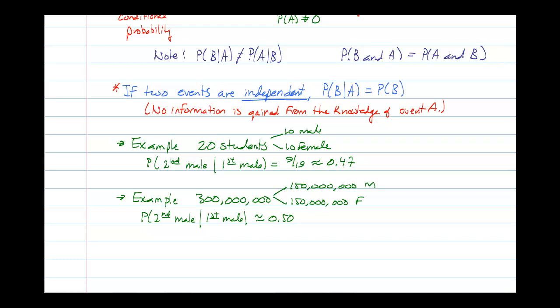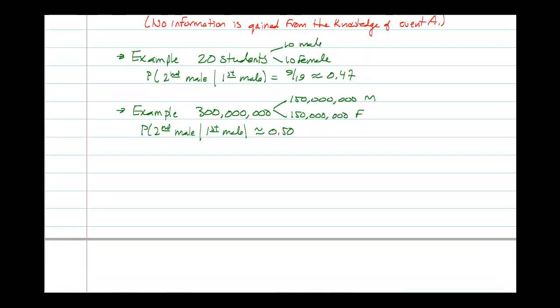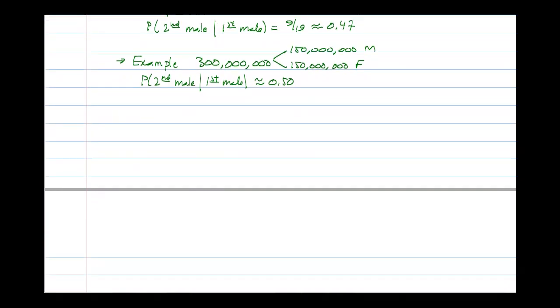So let's go ahead and go back to another example that we looked at in a previous chapter. These were when we were talking about Dalmatians. And with the Dalmatians, we looked at two characteristics. We looked at whether or not they were hearing impaired and whether or not they had blue eyes.